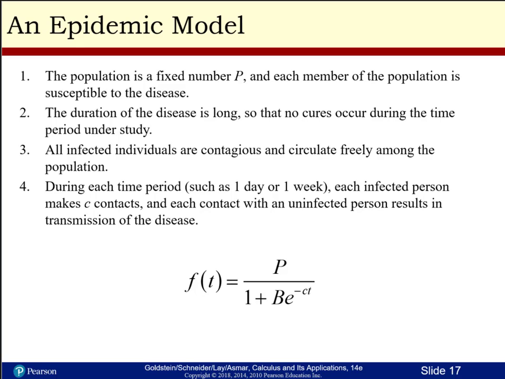Number four, during each time period, such as 1 day or 1 week, each infected person makes c contacts, and each contact with an uninfected person results in the transmission of the disease. If all of those four conditions hold, then f of t equals p over 1 plus b e to the minus ct. You'll need to use this formula if you're given a problem involving an epidemic model.